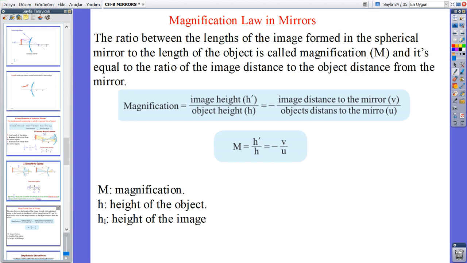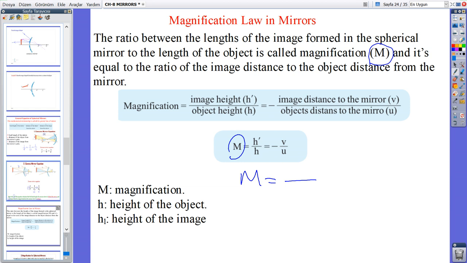We show magnification as capital M, and it is equal to the ratio of image distance to the object's distance from the mirror. If you remember what v means and what u means, the distance between the object and the mirror, and the distance of the image.